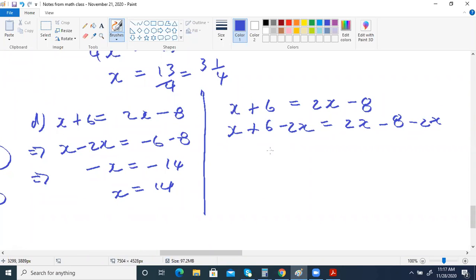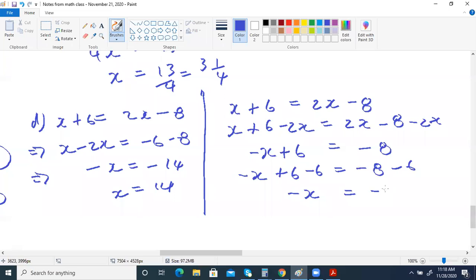This will give me a minus x plus 6 equal minus 8, right? Now I have 6 here. I need to get rid of it, so minus 6 from both sides. Minus 6 equal that. This becomes a minus x equal minus 14.